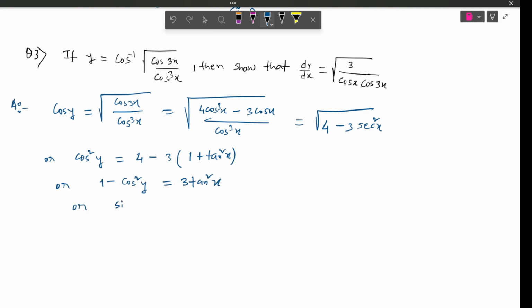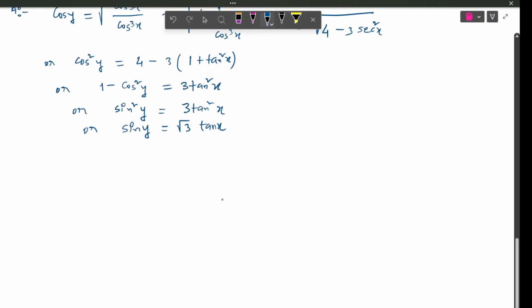So this is your sine square y, 1 minus cos square theta is sin square theta. Here it is 3 tan square x. So sin y would be root 3 tan x, taking square root on both sides.